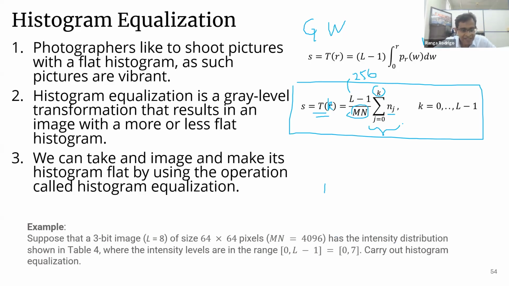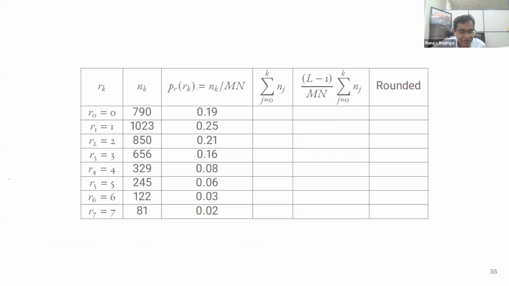So suppose that a 3-bit image, L equals 8, of size 64 by 64, that means M times N is equal to 4096, has intensity distribution shown in the table, where the intensity levels are in the range 0 to L minus 1, 0 to 7. Carry out histogram equalization. Okay, let's do the histogram equalization for this. With intensity 0, 790. If I sum this, you get 790 here.